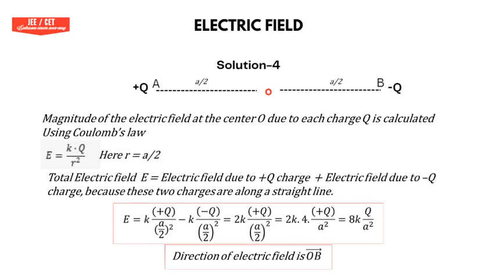And the magnitude of electric field produced at the point O due to negative q charge is the same as that of positive charge, but in opposite direction because the charge is negative. Plugging in the values, you will get E equals 8k times q by a square.